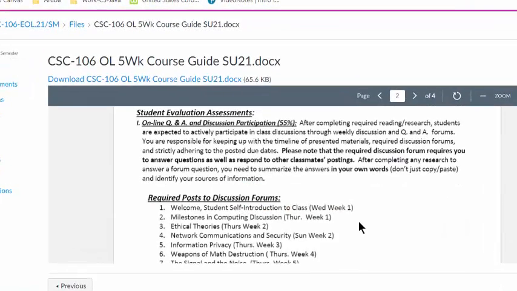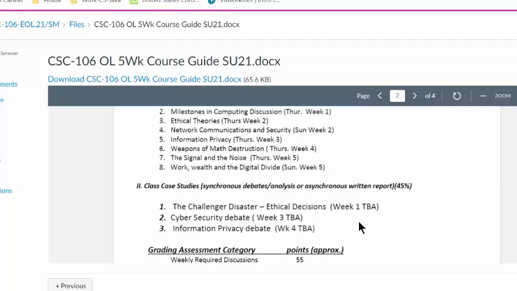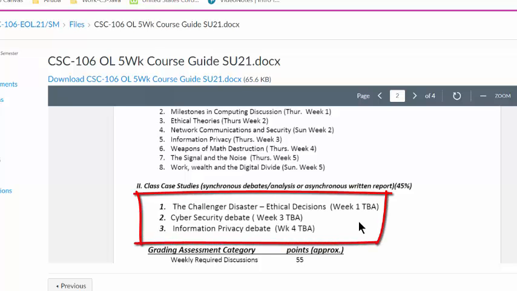Your evaluation will be on participating in discussions and a few debates. There are 7 discussions plus an introduction and 3 case studies that are designed for debate and discussion.